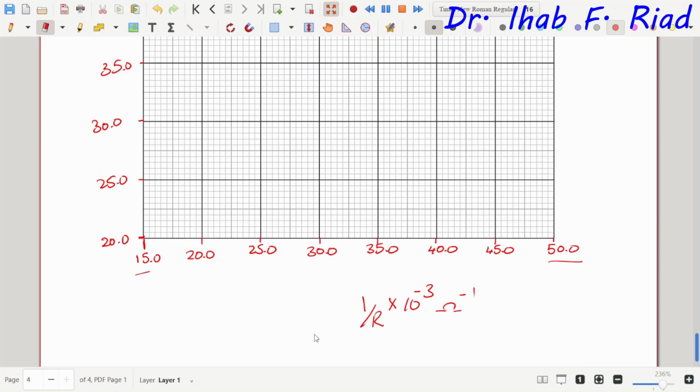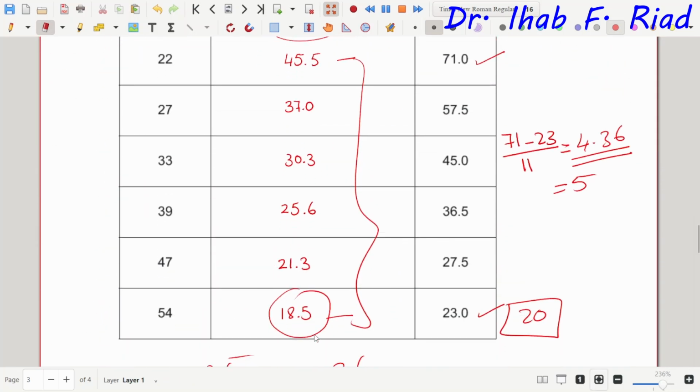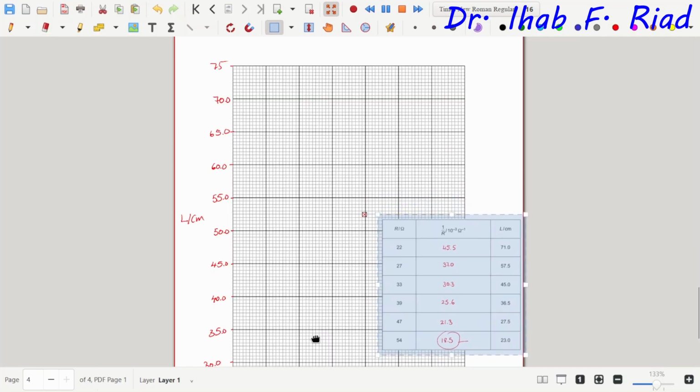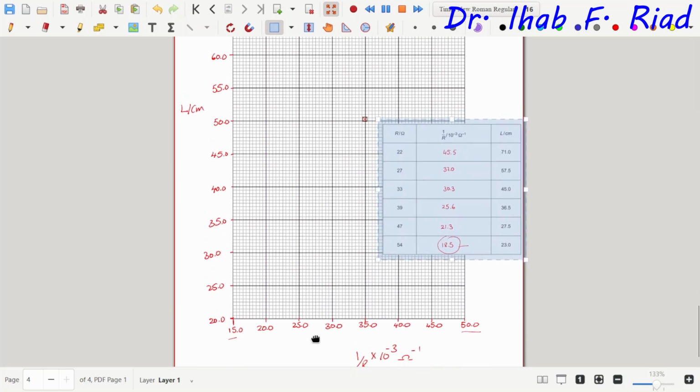Now let us start making the graph plot. Let me make a copy of these data points and clear it a little bit. Let us start representing our data.